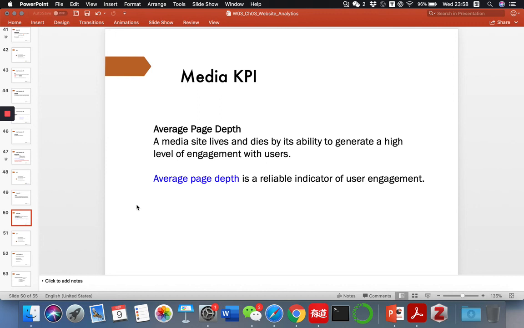So average page depth, as I mentioned in the first part of this chapter, or average page views, is a good indicator of how much the viewers show interest in your service, here, interested in your news.